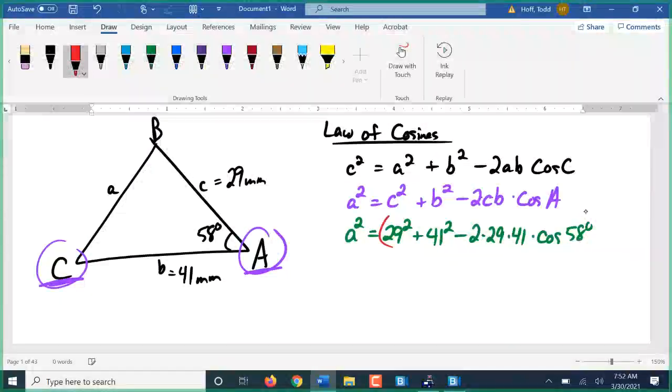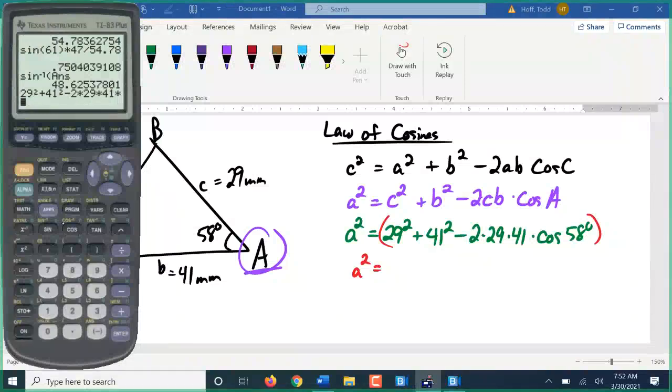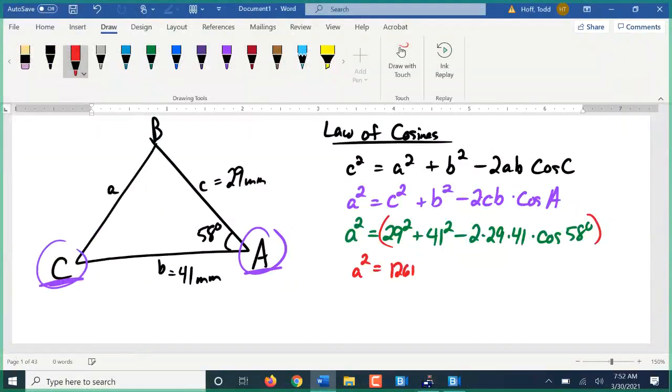Once again, I want to do this whole side all at once in my calculator. 29 squared plus 41 squared minus 2 times 29 times 41 times the cosine of 58 degrees gives me 1261.85. And again, I'm leaving it in my calculator. I'm not clearing it out.